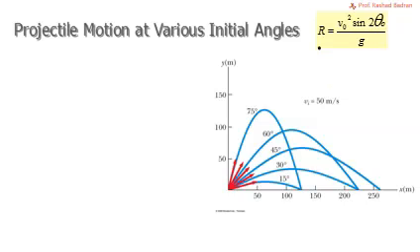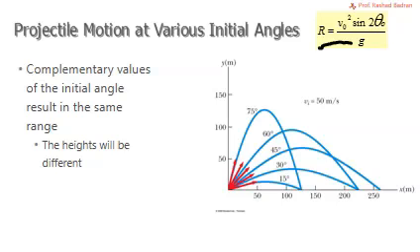Using the obtained relation for the range, we can show that with different initial angles we can get different trajectories, as obviously shown in the figure, by shooting the projectile with this initial velocity.